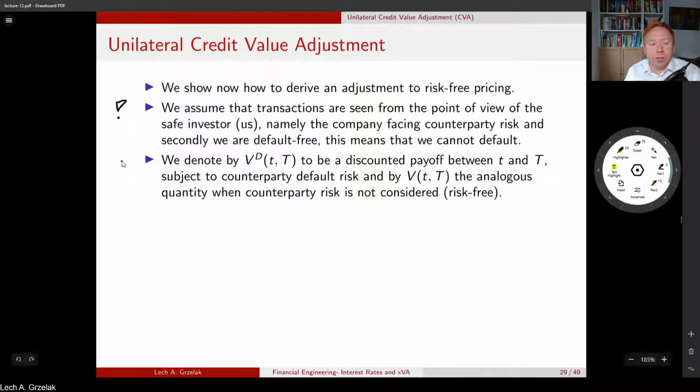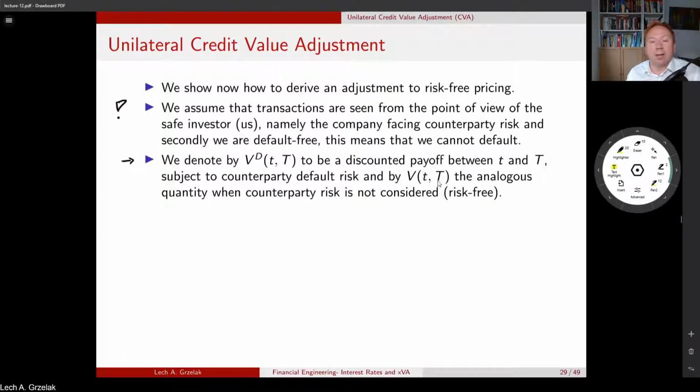Some notation, so this is important. We denote by VD the discounted payoff between time t and capital time T. You can say that we are observing at time t, with the final payment associated with capital time T, subject to the counterparty risk. So D means this part includes the risk of default, so this will be the risky price. And then by VTT we have the analogous interpretation, but this value is the risk-free one.